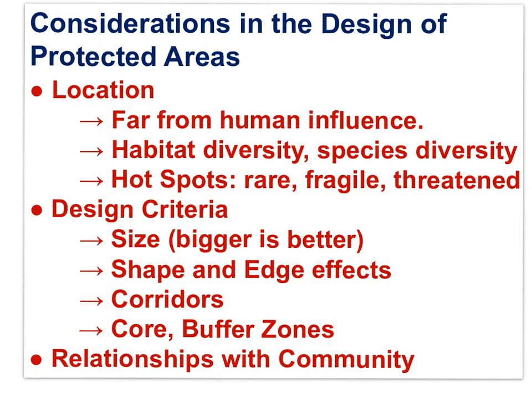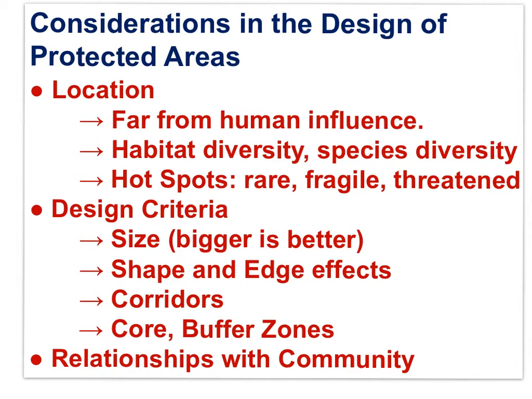So let me outline the considerations for park design in greater detail. This slide outlines the rest of the movie, and I'll go section by section. The considerations are, first, location: far from human influence, habitat diversity or species diversity, and rare, fragile, or threatened ecosystems. Second, design criteria.